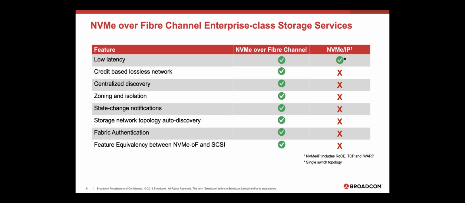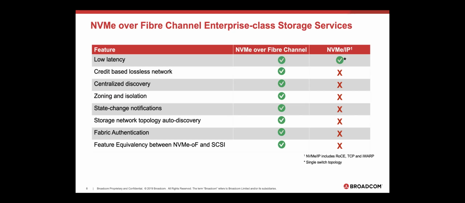What they learned very early on was that the fabric services that really are the foundation for reliable, high performing, and, I would say, very little operational touch for storage traffic are not available on Ethernet.